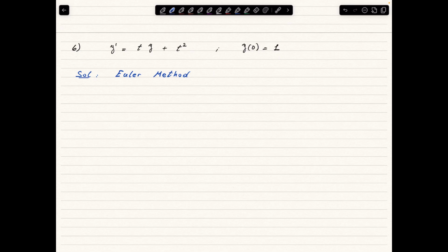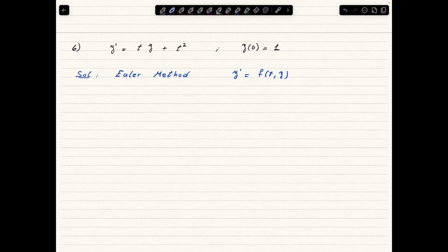So we want to find an approximate solution of an equation of the form y prime equal f of t, y, and now notice that we have a t on the right hand side. Actually, it's a linear equation. We could solve it exactly if we wanted, but we are going to do it this way.